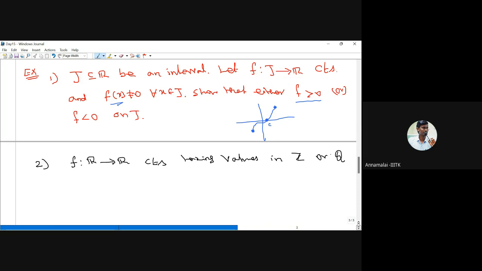So this function maps to either integer or rational points, but it is continuous. Then what can I say about the function? Show that f is dash.